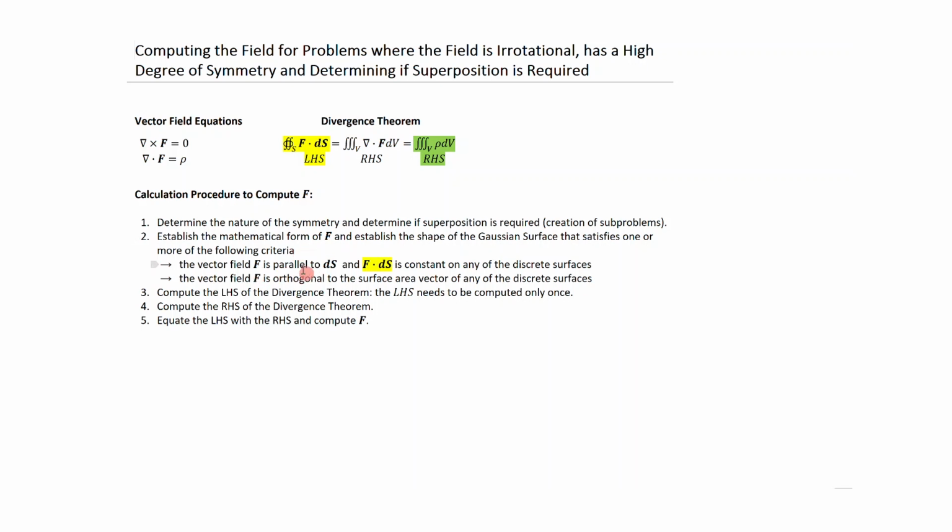The vector field F is parallel to dS, and F dot dS is a constant on any of the discrete surfaces. That's one possibility. Or the vector field F is orthogonal to the surface area vector on any of the discrete surfaces. Third, compute the left-hand side of the divergence theorem. The left-hand side needs to be computed only once. Fourth, compute the right-hand side of the divergence theorem. And finally, equate the left-hand side with the right-hand side and compute F.